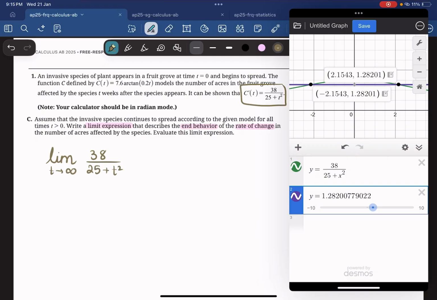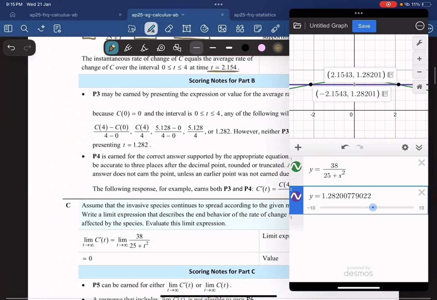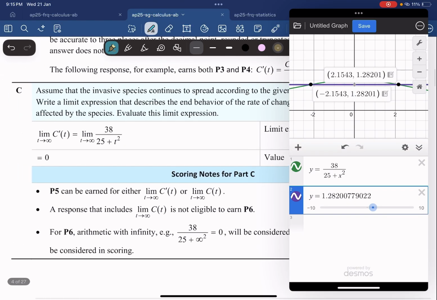Now we all know the limit as t goes to infinity, when infinity is in the denominator, is going to be equal to 0. And that's the answer for part C, as simple as that. So let's see what they want us to write in the scoring guidelines. That's it. So all you have to do is write the limit expression and the value equals 0.